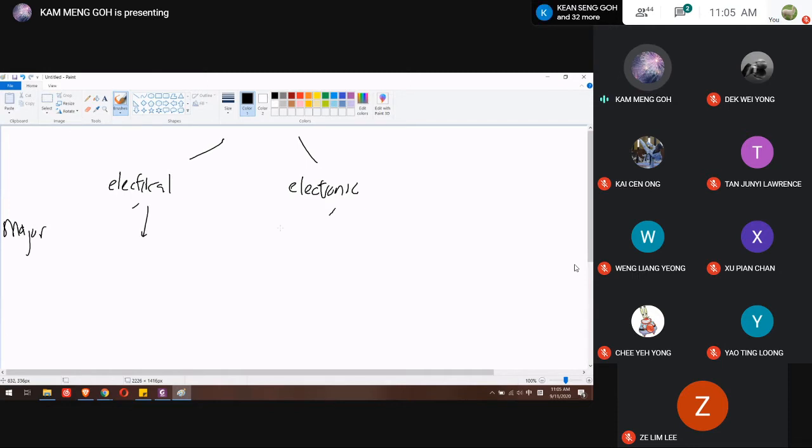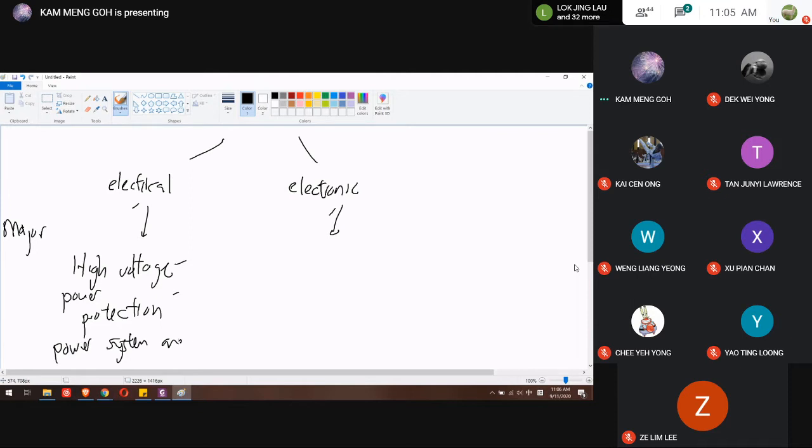So electrical, basically, you are going to deal with all the high voltage, power protection, then something related to power system analysis. From all these words, you can see all are related to high voltage and high power.